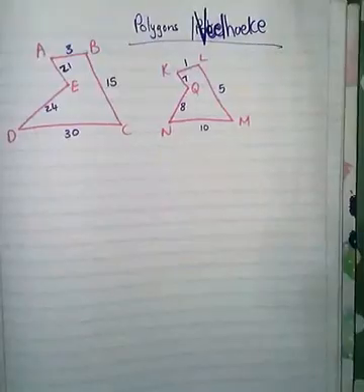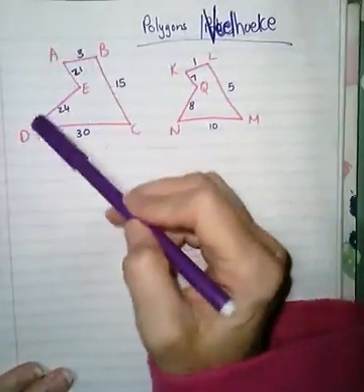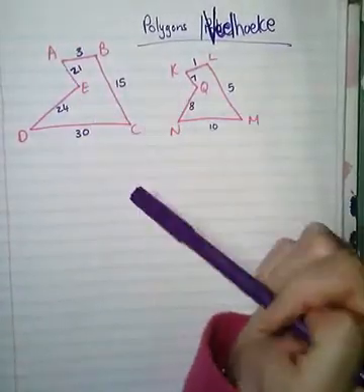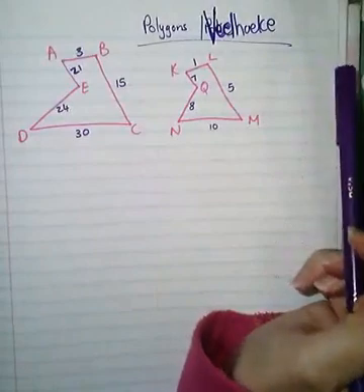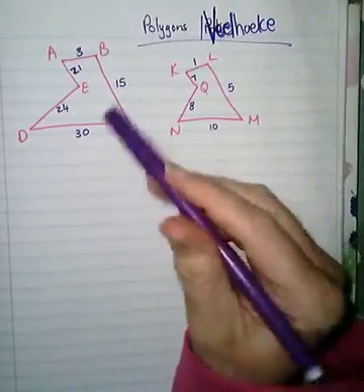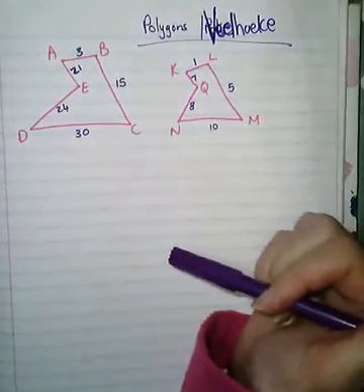Okay, so the same applies for polygons, vir veelhoeke. Dit geld presies dieselfde. So as ons nou hier so een of ander vorm het, wat ook al die vorm is, maak nie saak of dit 'n parallelogram of 'n vlieër is, or whether it's a rhombus or even a square.